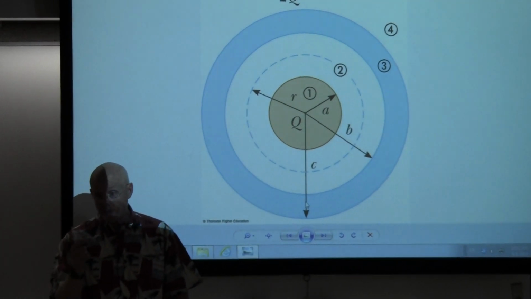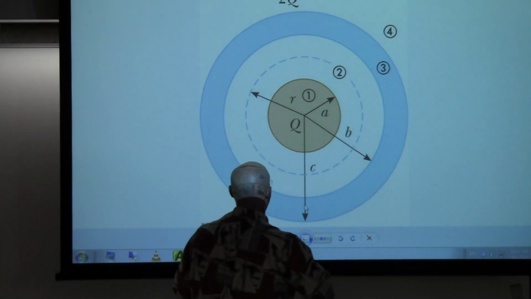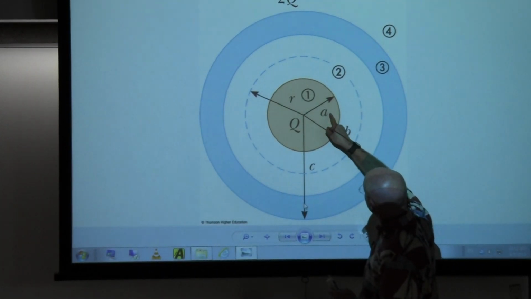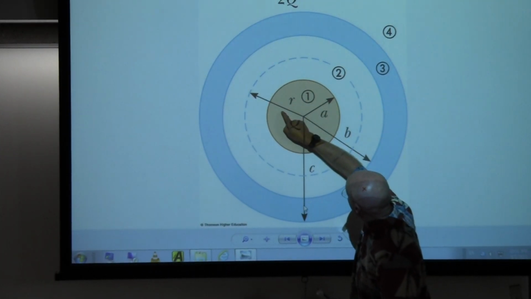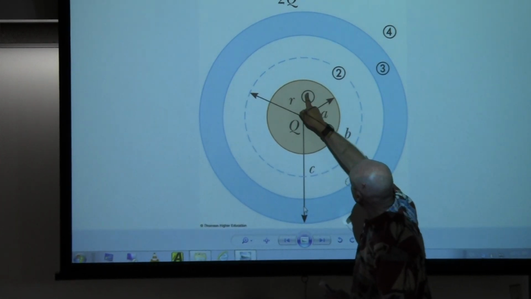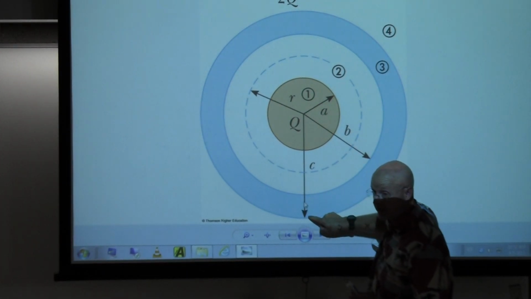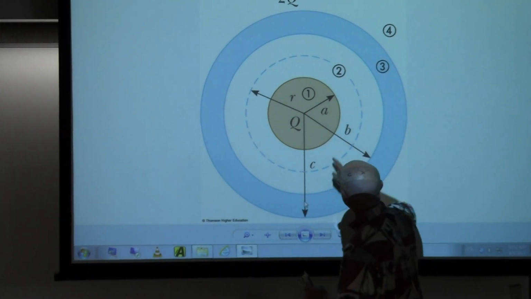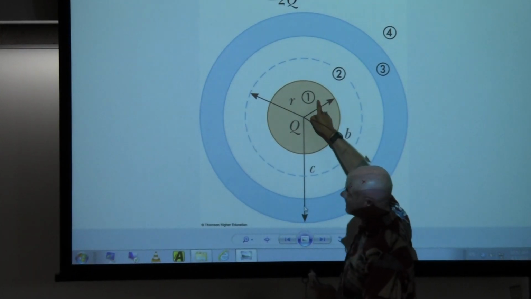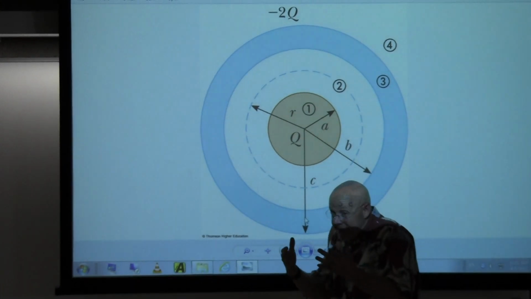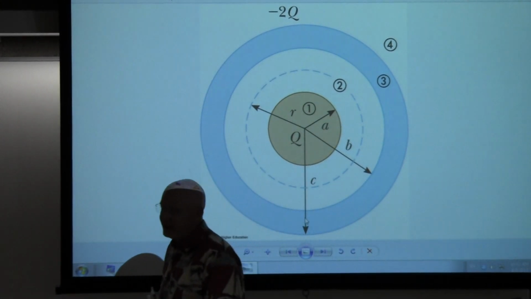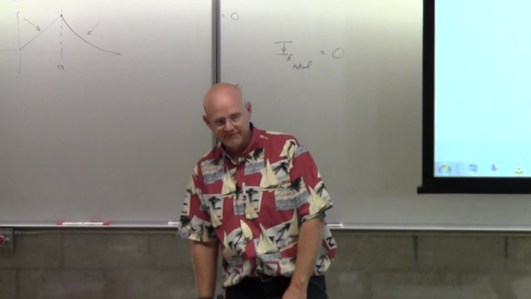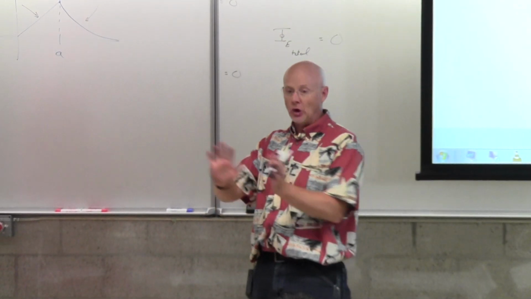Because I wouldn't be able to argue that if I was standing here and I went along an arc from here to here, the charge distribution would look a little different because that would be at a different angle to me. And I could not argue that the electric field would be the same here as it's same here. And because I can't do that, I can't pull it out of the integral. If I can't pull it out of the integral, I'm stuck. And the integral will get me nowhere. So, Gauss's law, I'm stuck. Go do something else.